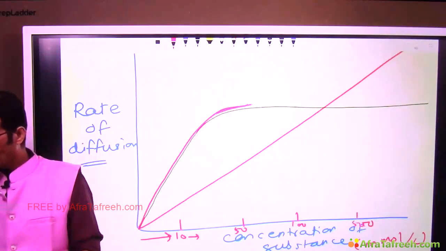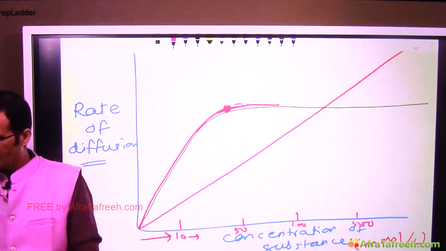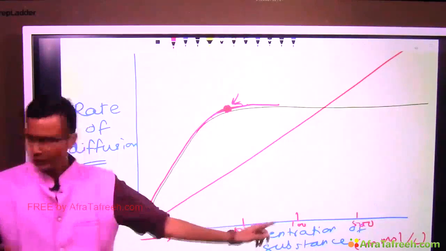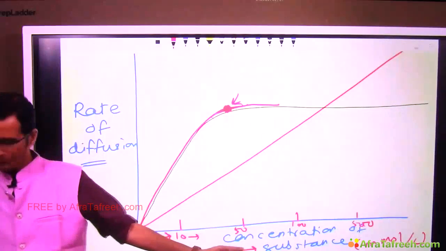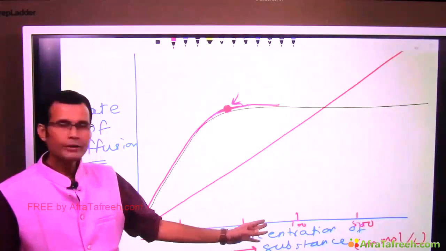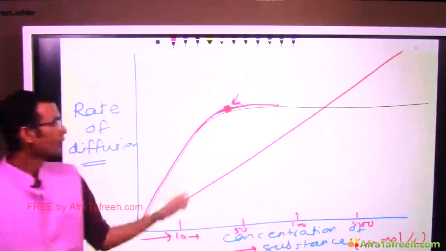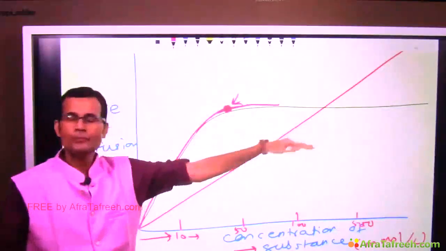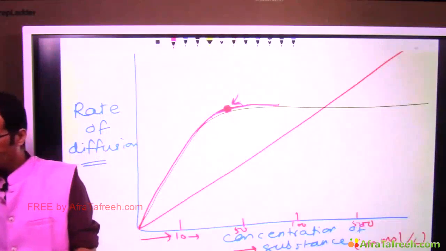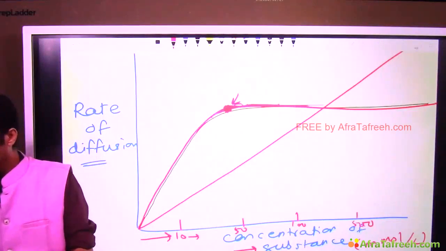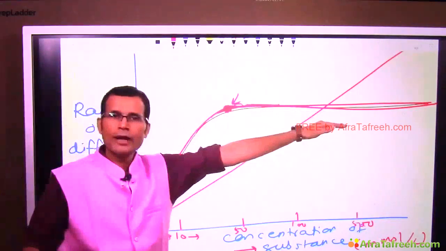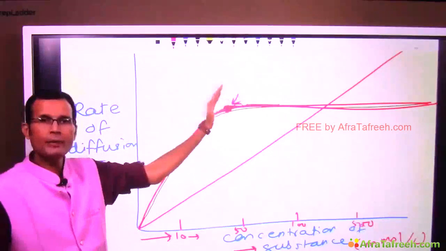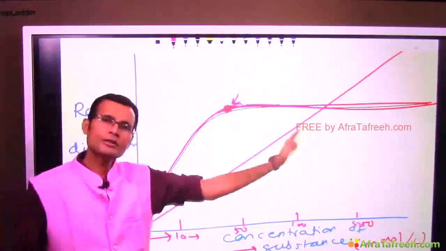But beyond a certain point, beyond a certain concentration, let's say here, beyond this, now you increase the concentration further from 50 to 85 to 100 and so on. The rate of diffusion has not gone up, it's flattened. This is the maximum, and it stays at maximum. You see this line, flat, plateau, it says the rate increased, reached maximum.